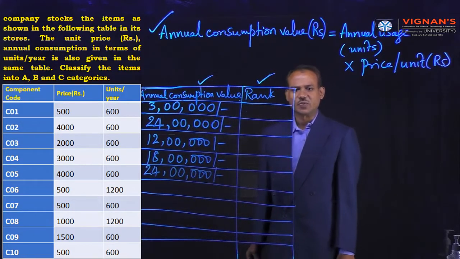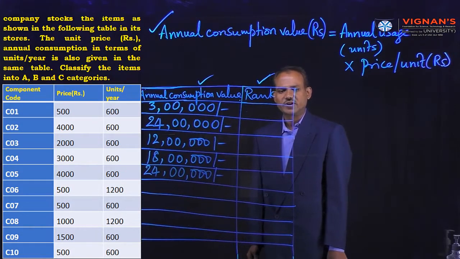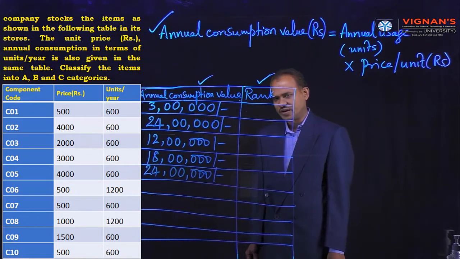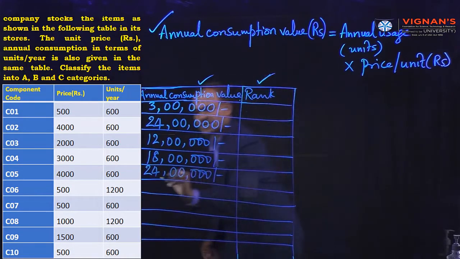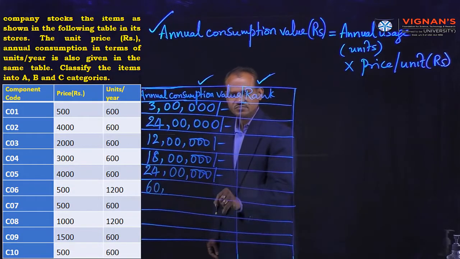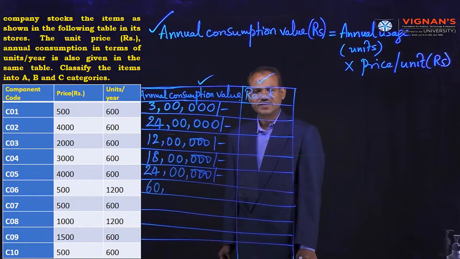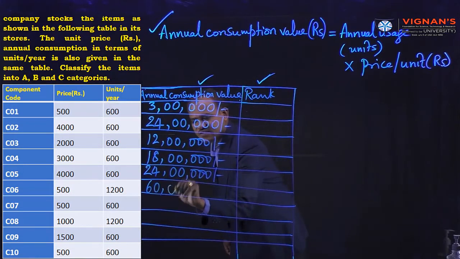Next, component 6, 500 into 1200, 5 12s 60.